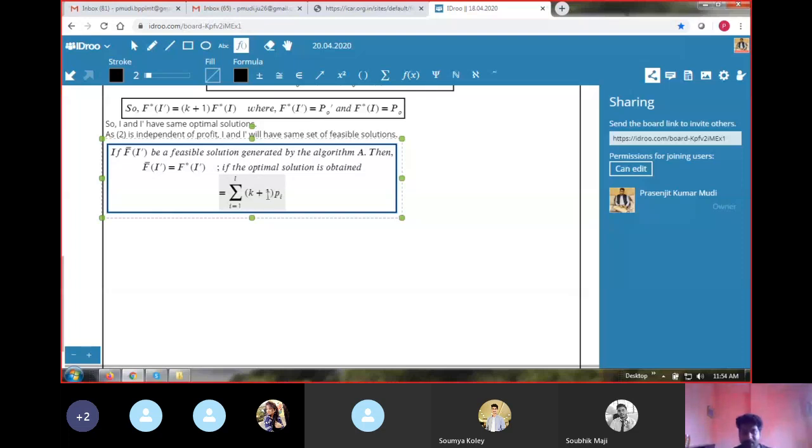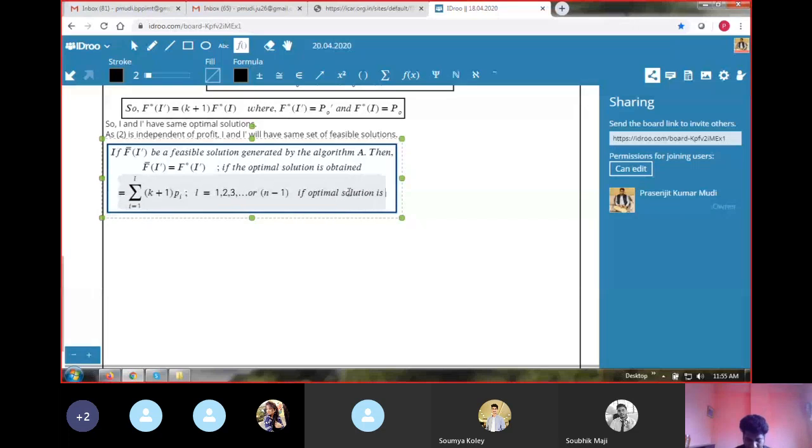If it is not optimal, then at least one profit term is missing, maybe two or three. So i equal to 1 to 1, or 1 to 2, or 1 to 3, or 1 to n minus 1. That's why we write i equal to 1 to L, where L is 1 or 2 or 3 dot dot dot or n minus 1.